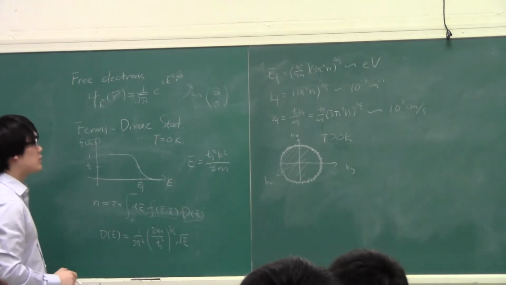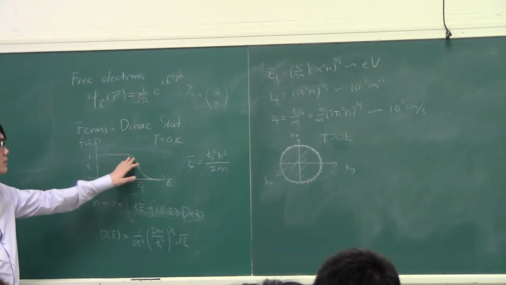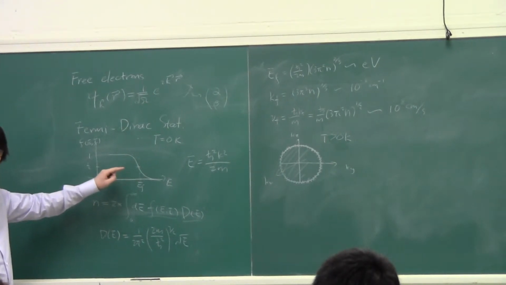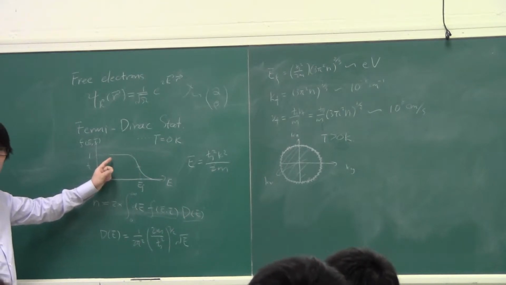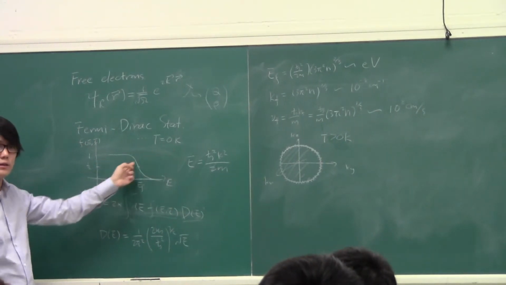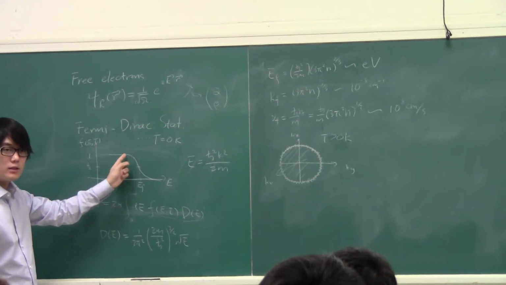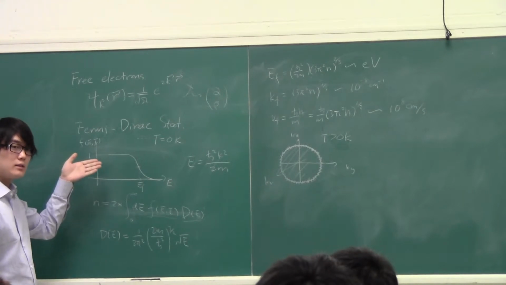Now, what's good about fermions is this exclusion principle tells us that if we have a packed system like this, then an electron to be excited above the Fermi energy can only be excited directly. There's no chance of it going to this state first and then to this state. So it cannot be excited in succession.